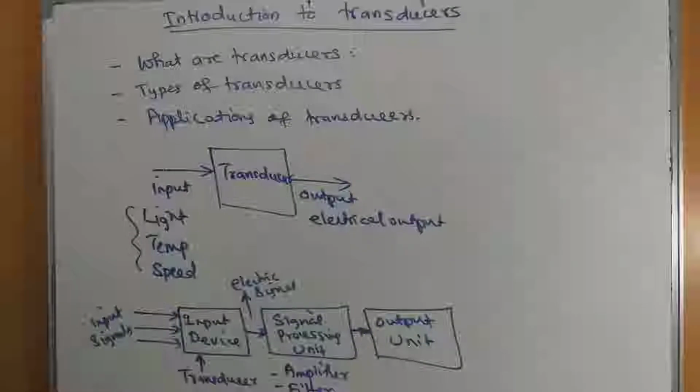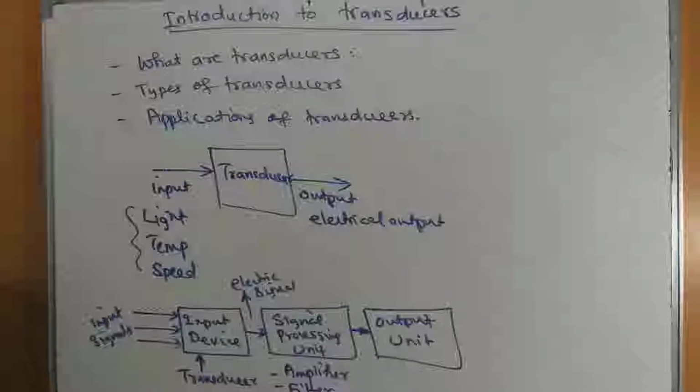Then finally the output unit again needs some kind of conversion, because in most cases the output may not be in electrical form. It can be a display, or some kind of movement, so it is another type of transducer. That's why the output unit is sometimes called an inverse transducer, because we want the electrical signal to be transformed into another form of signal.